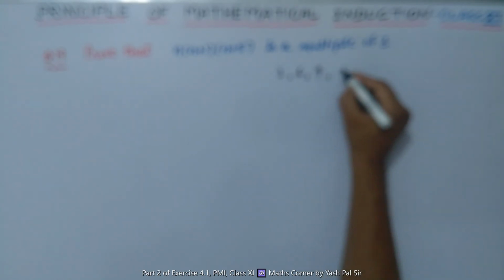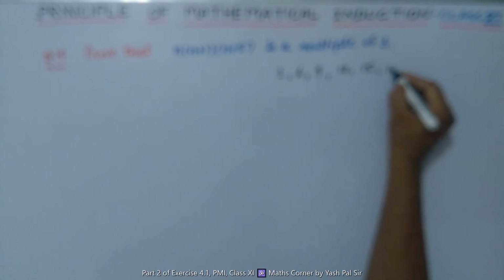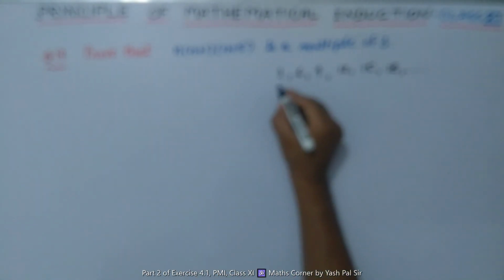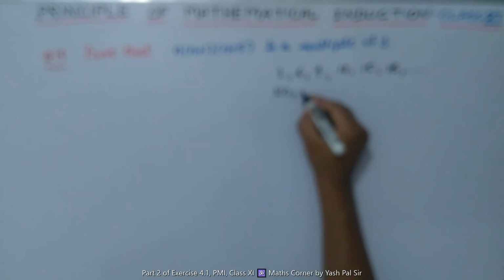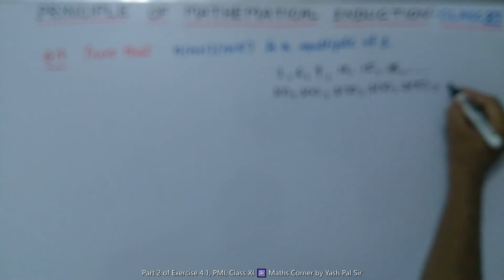Multiple of 3 means 3, 6, 9, 12, 15, 18, etc. Moreover, what we can write then? 3 means 3 into 1, 6 means 3 into 2, 9 means 3 into 3, 12 means 3 into 4, 15 means 3 into 5, 18 means 3 into 6, and so on.